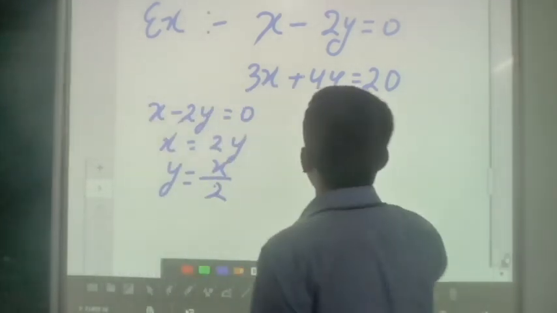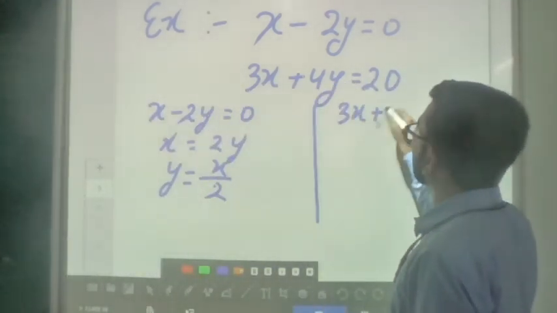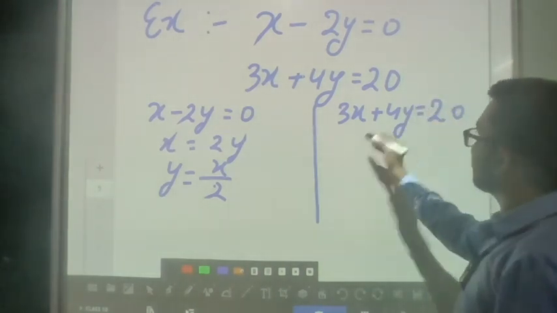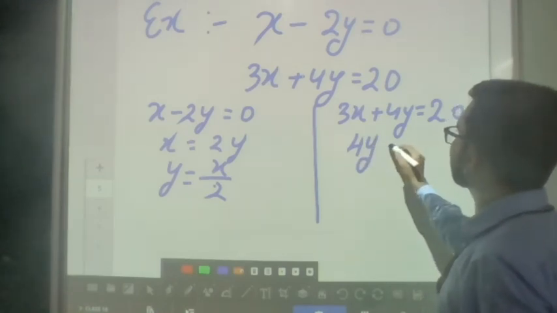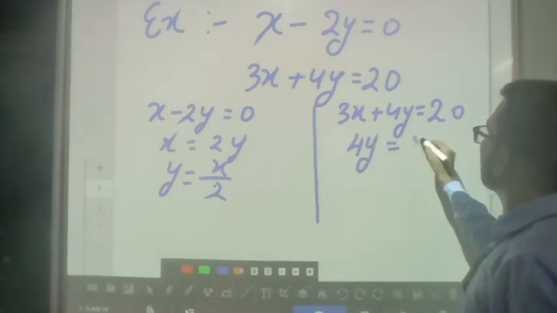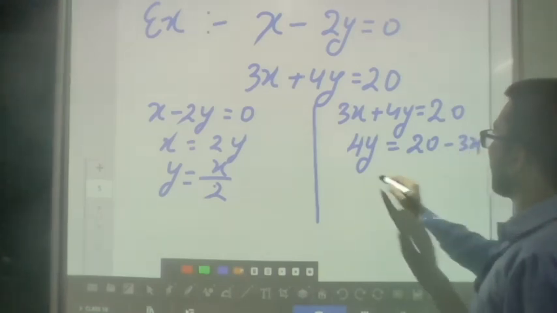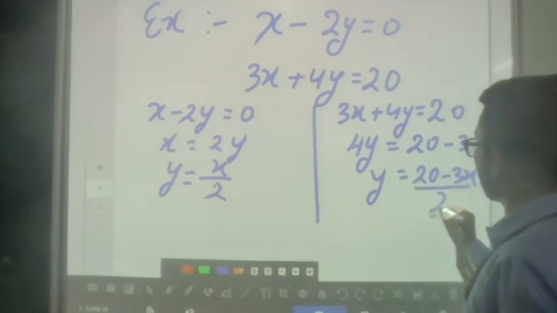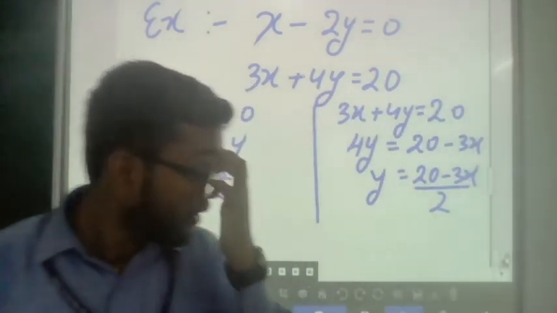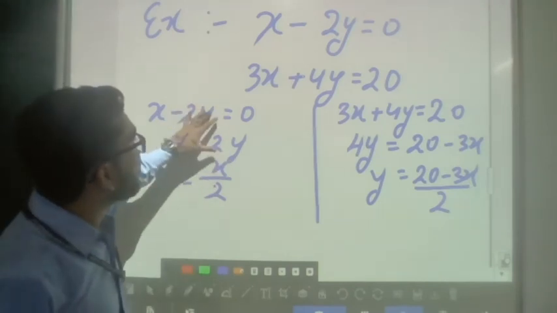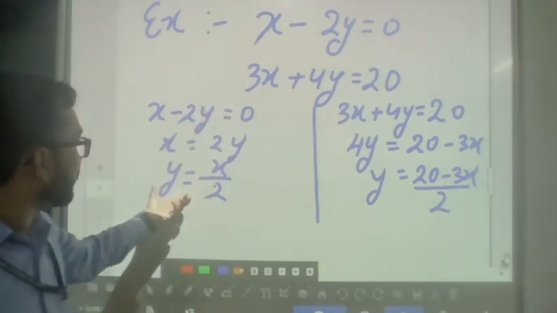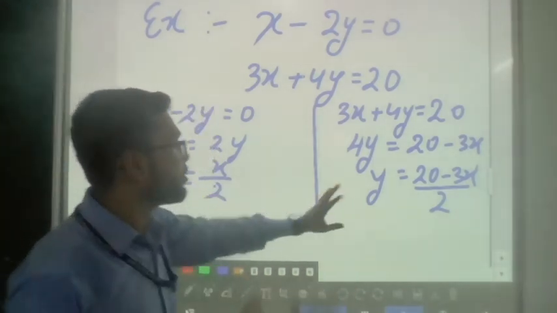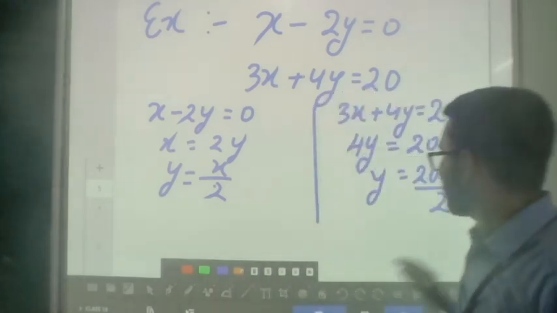Similarly, 3x plus 4y is equal to 20 is written as 4y is equal to 20 minus 3x, and y is equal to (20 minus 3x) upon 4. So I have written both equations with y as a single variable. You already did these things in class 9.